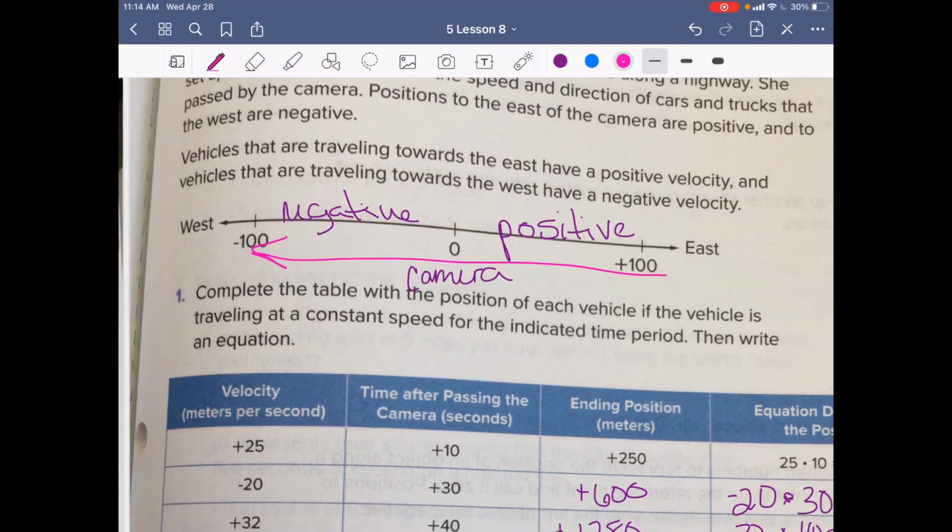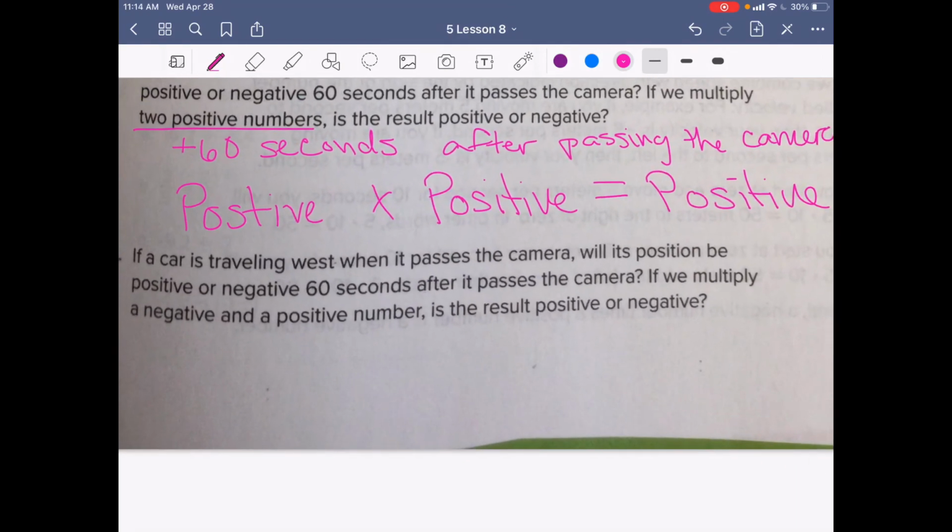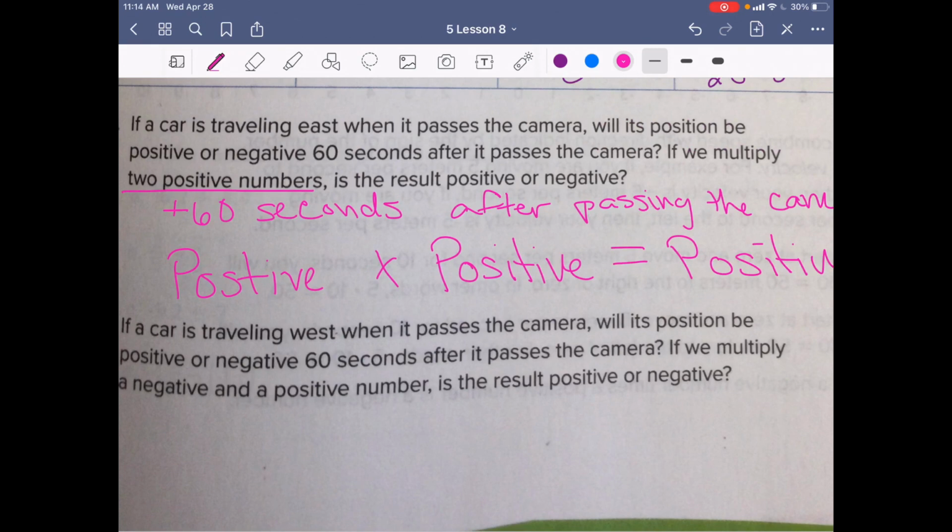That's right, it's going to be negative because it's going in a negative direction. Negative 60 seconds after passing the camera.